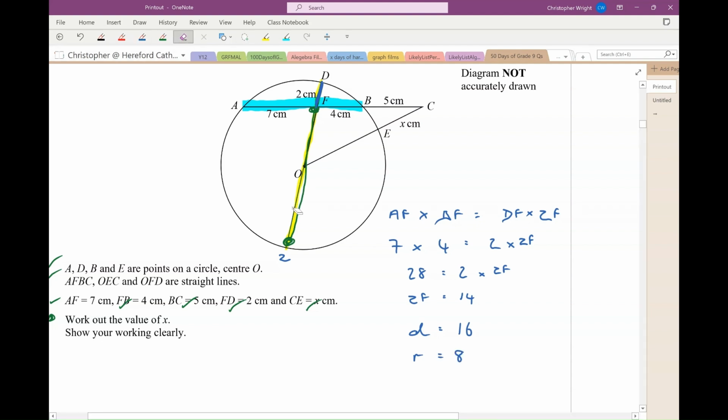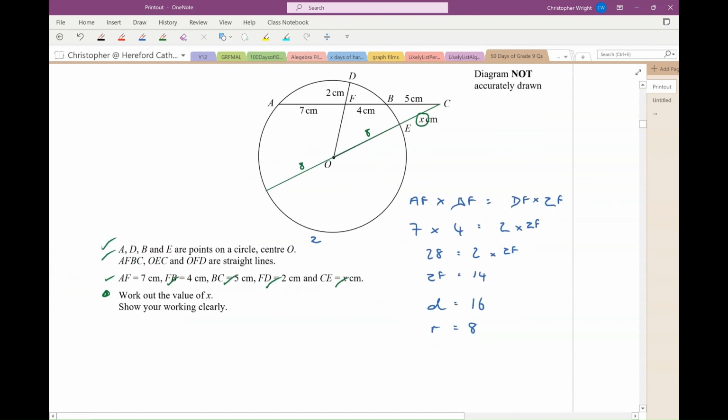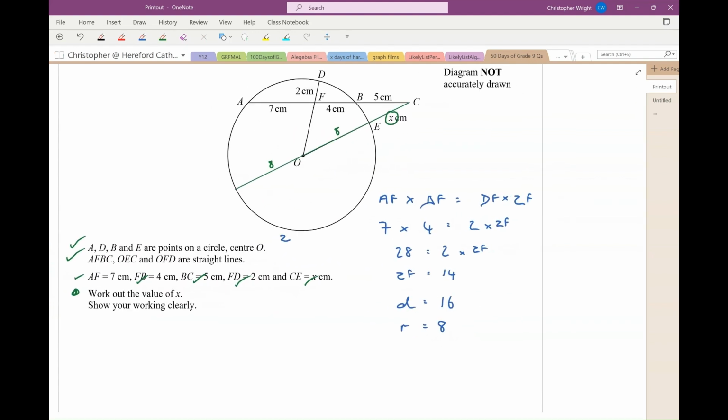Now I think I'm in a position to use these two intersecting chords here, because I know that this is 8 and that's 8 and that's X. And I think I can combine that one with AC, with this one.